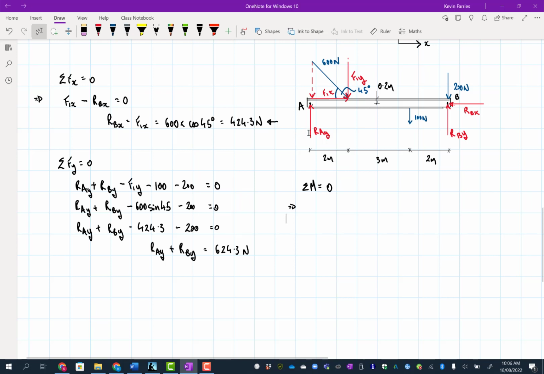So each case, I'm just going to look at the moment, find its lever arm, and we'll figure out the answer. So I'll just fast forward through this bit as well. So we got here.